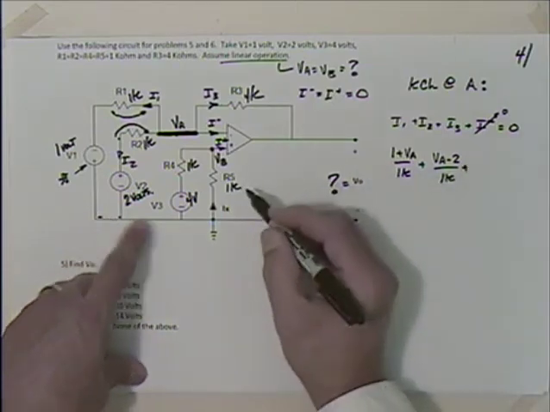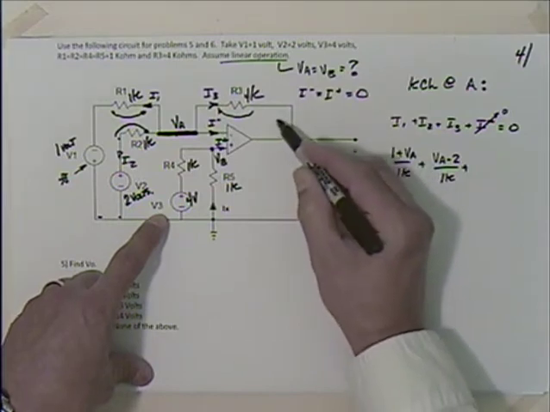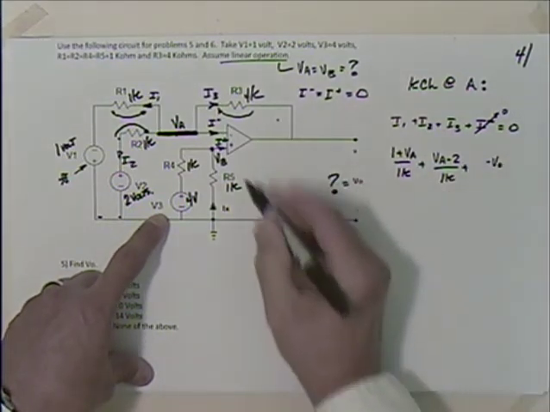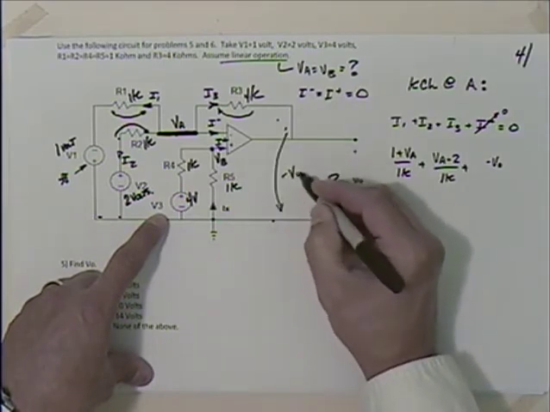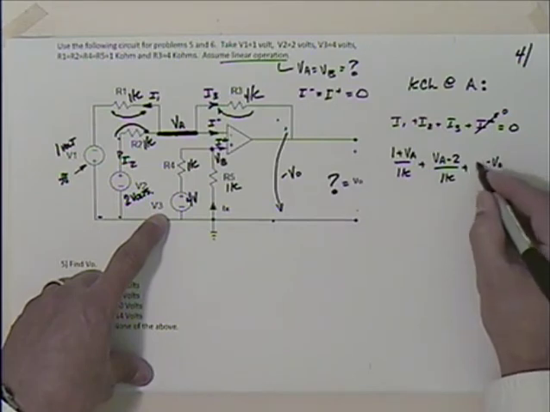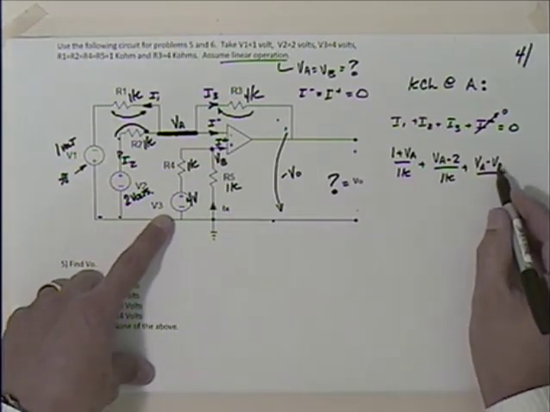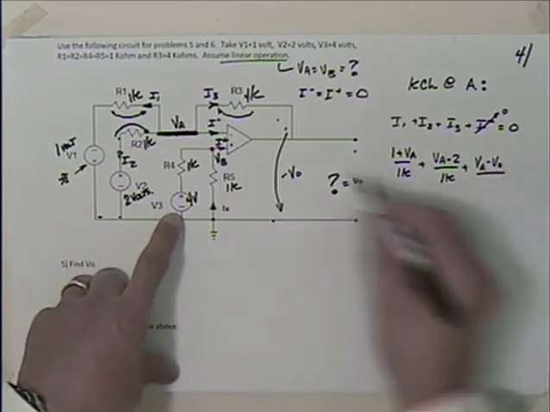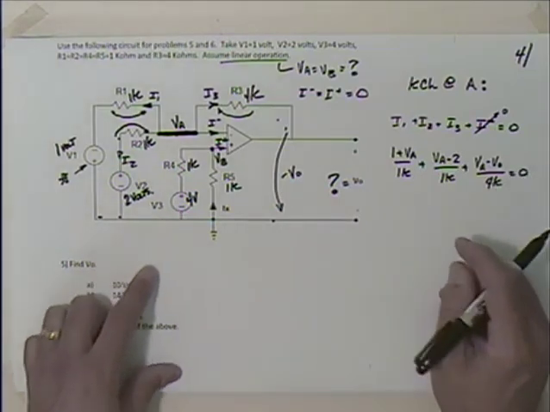Plus I3. What's I3? Well, I've got to go like that, so that's going to be minus V naught, and then I'm down here because I've gone from there to there. From there to there is minus V naught, then back up there is VA, and good thing we got the unknown we're looking for in there. VA minus V naught divided by 4K is equal to 0.